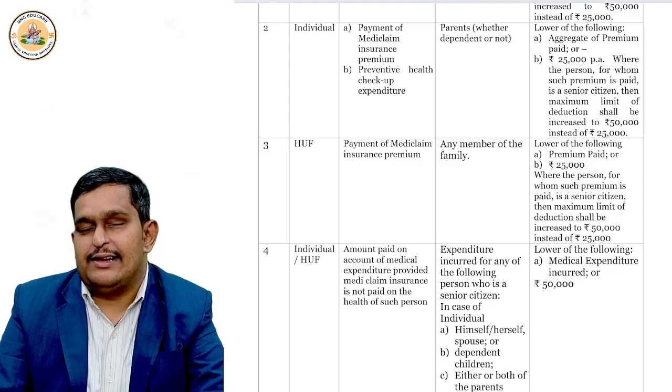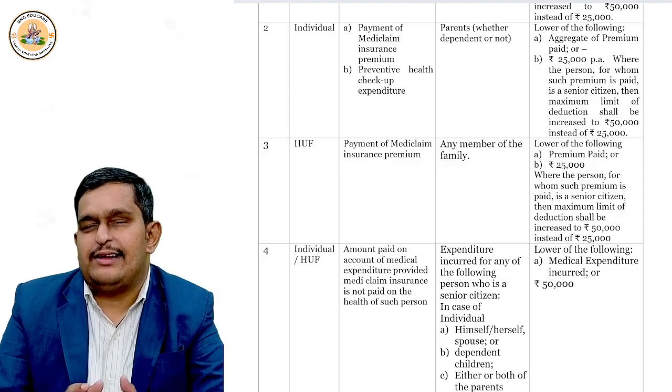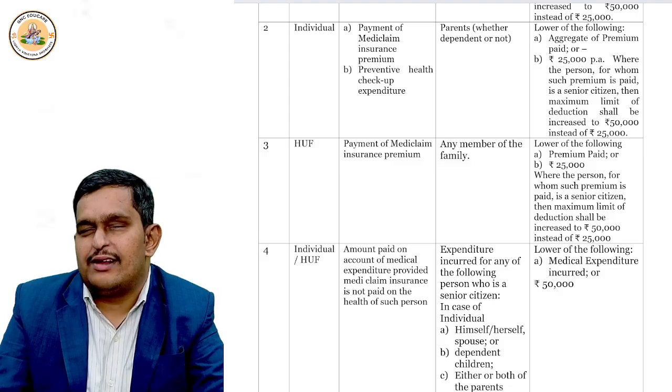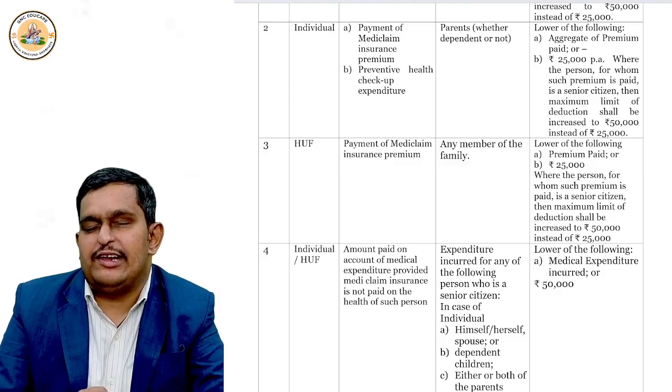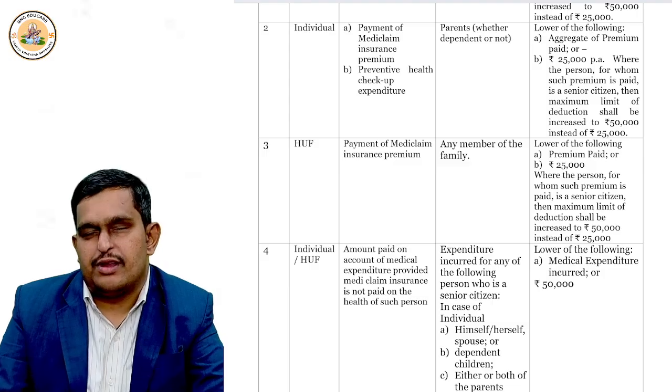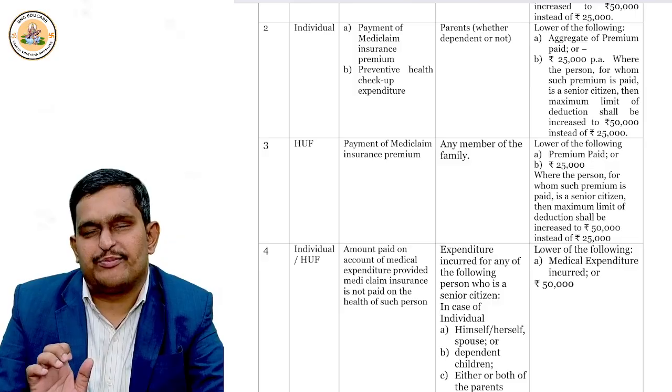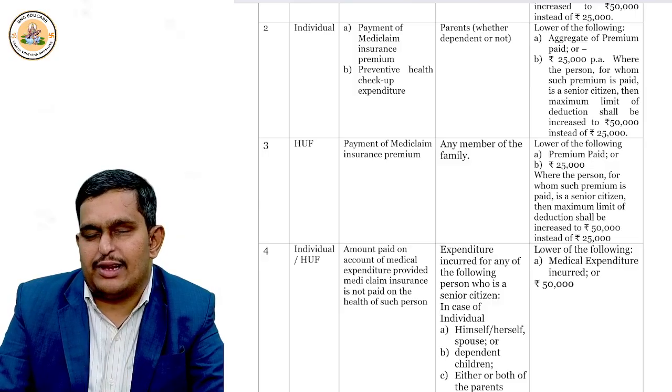Now what they said, that here also amount paid or rupees 25,000, whichever is lower, right? But if any of the parents is a senior citizen, the amount will be increased to 50,000 rupees. That means actual amount paid or 50,000, whichever is lower. Like that they try to explain.